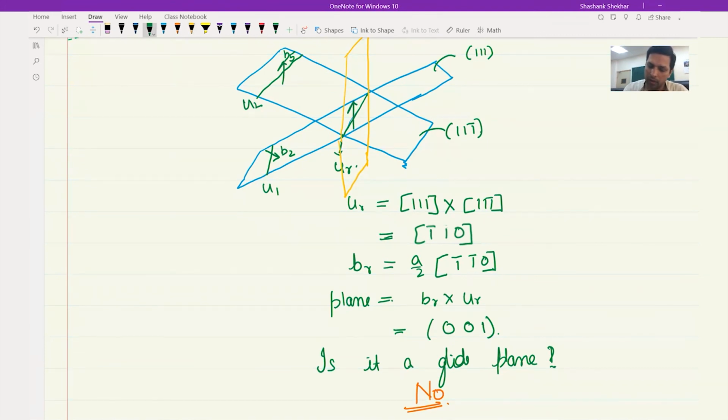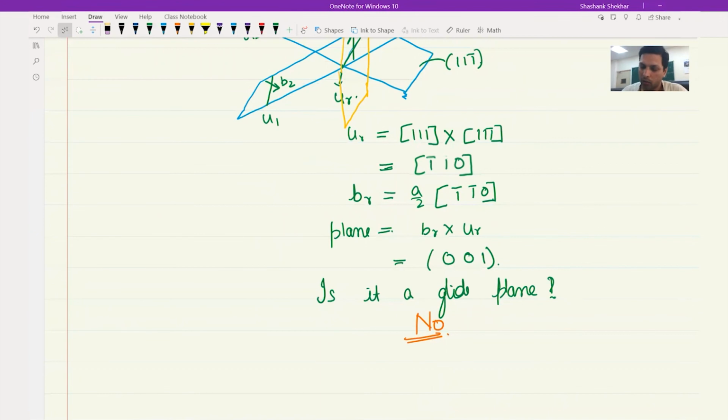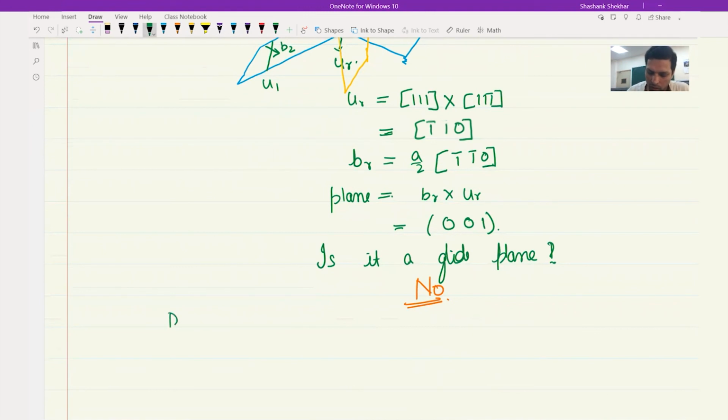So this is the line vector, the Burgers vector, and this is the glide plane, which is 0, 0, 1 in this particular case. And the question is whether it is a glide plane in FCC, and the answer is no. What does that mean? It would mean that this dislocation would not move. Dislocation is glissile.